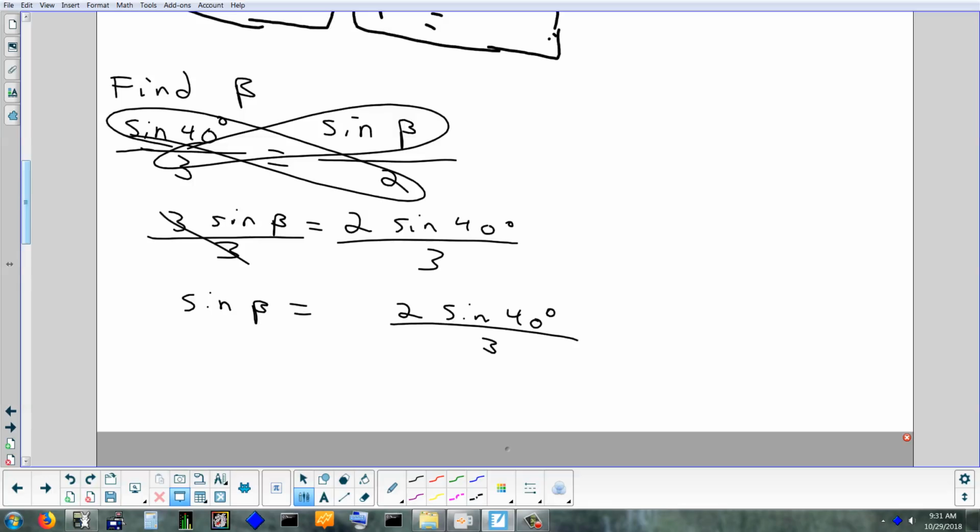Sine, something, cancels out sine. Inverse sine. Yep. So we have to take the inverse sine of what's on the left and take the inverse sine of what's on the right. Inverse sine and regular sine cancel each other out. And I did not multiply by inverse sine.